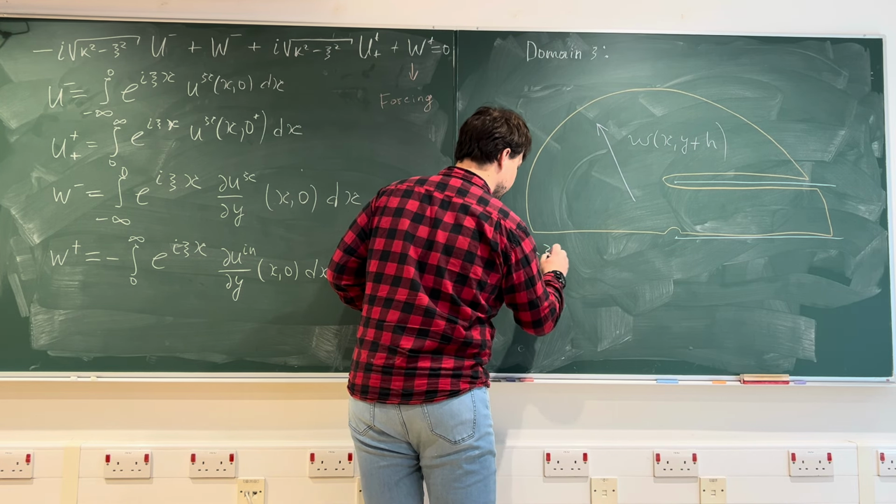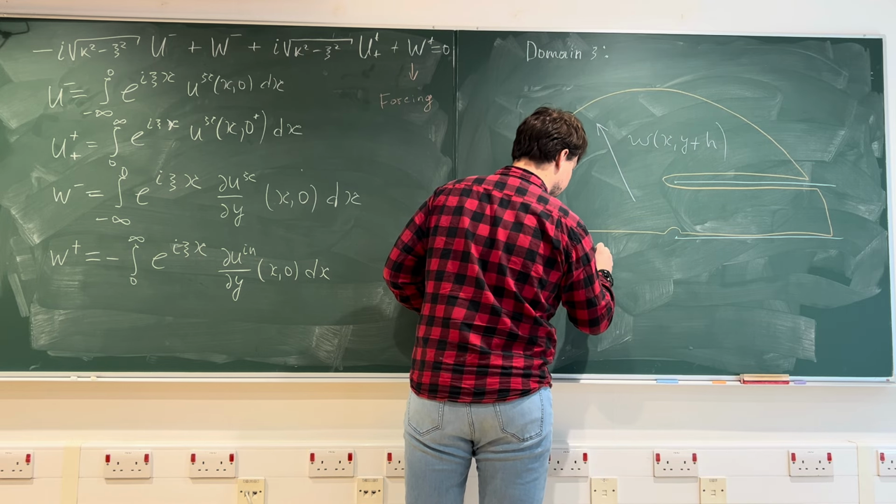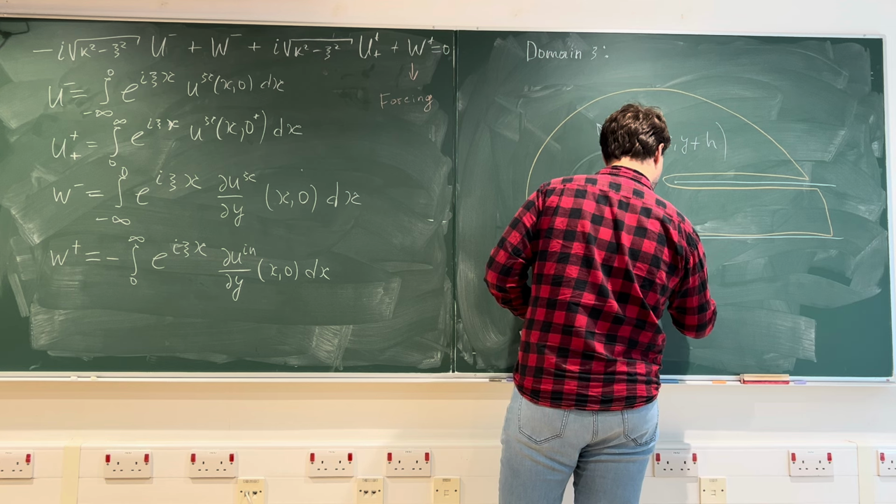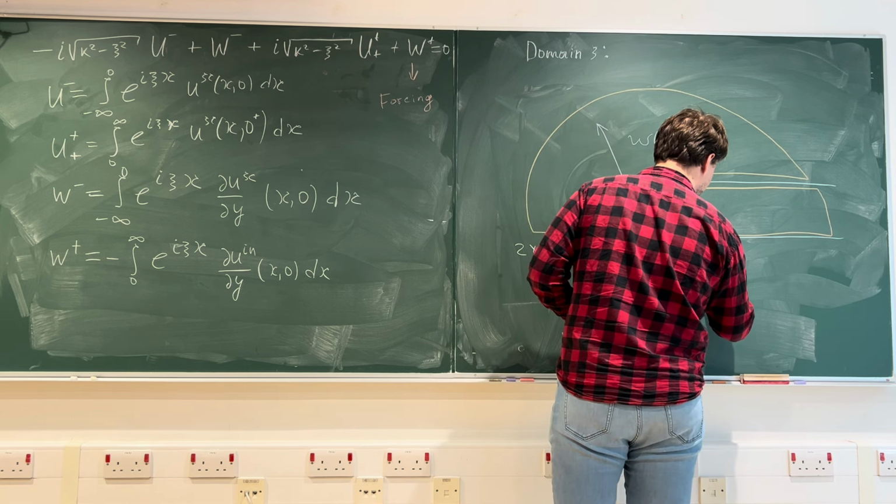a 2 by 2 matrix Wiener-Hopf linear form equation.